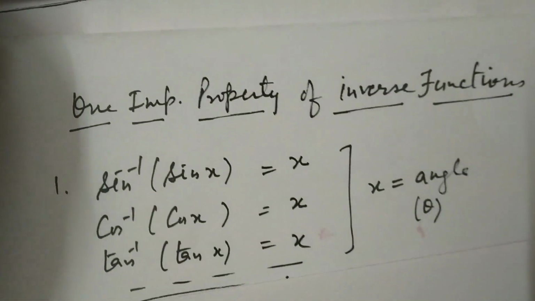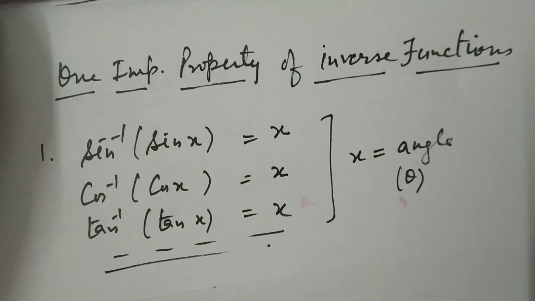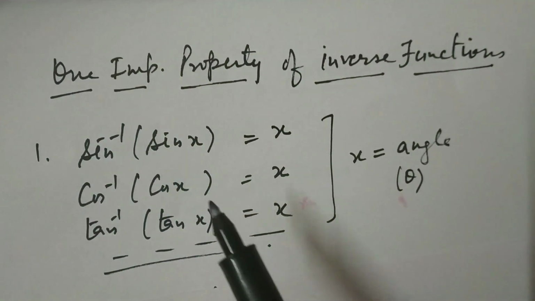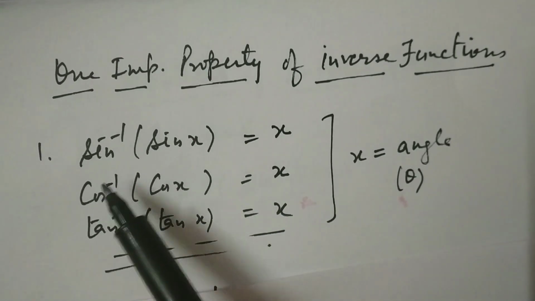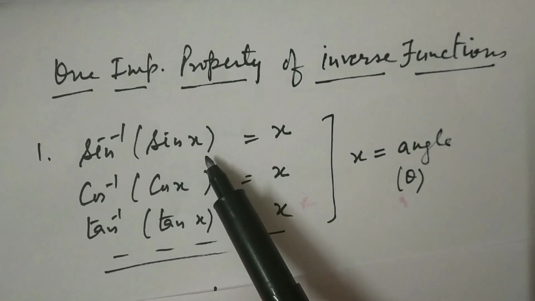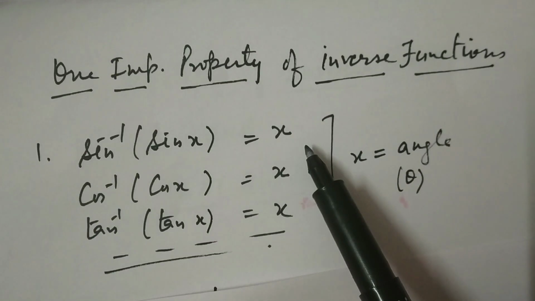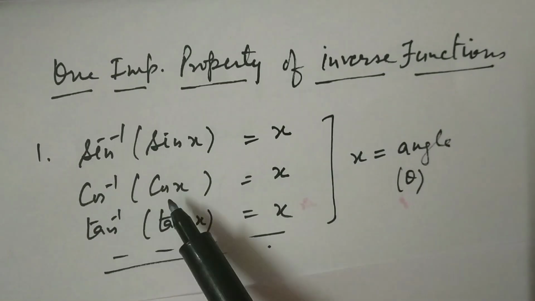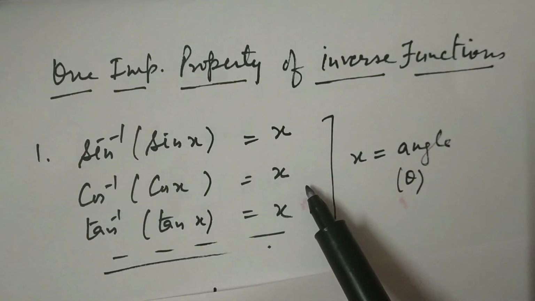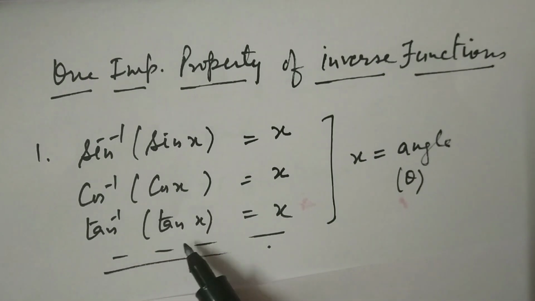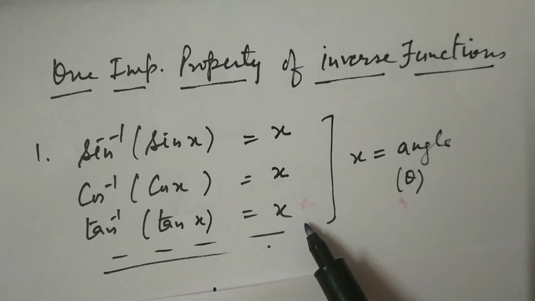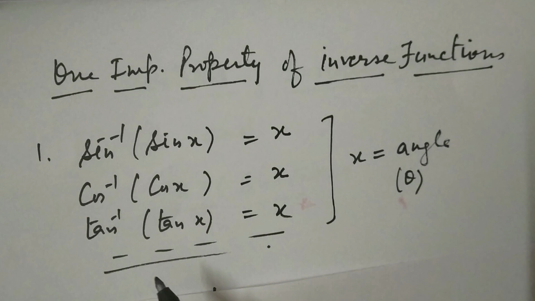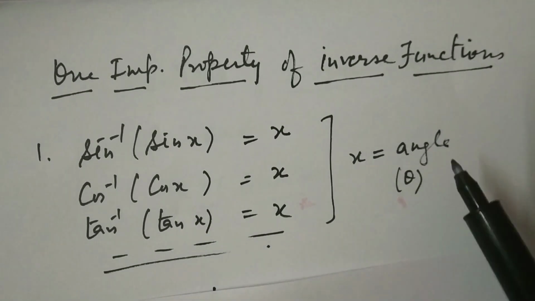So one basic and very important property of inverse functions is that sine inverse of sine x can always be written as x, cos inverse of cos x can be written as x, and tan inverse of tan x can be written as x, and the same goes for the remaining three inverse functions as well.